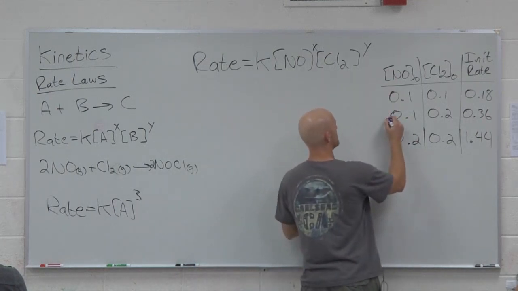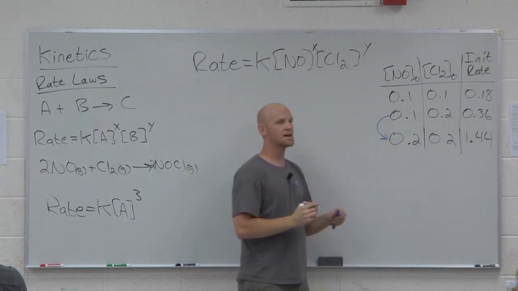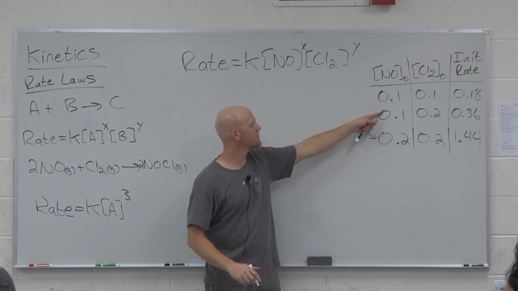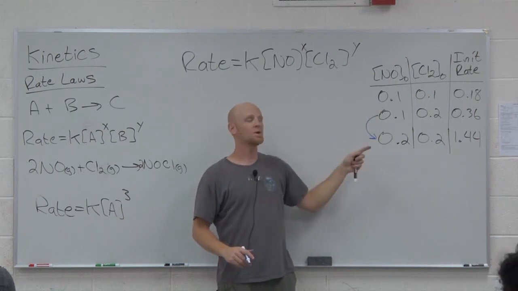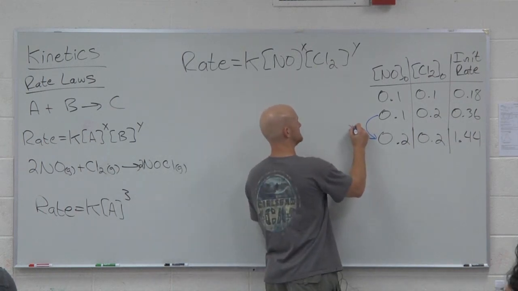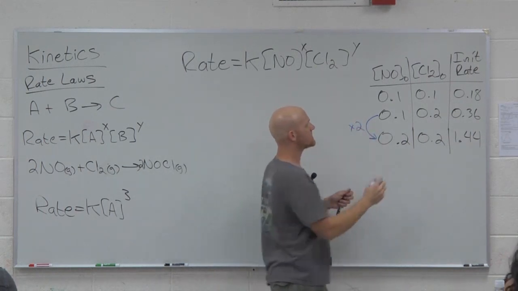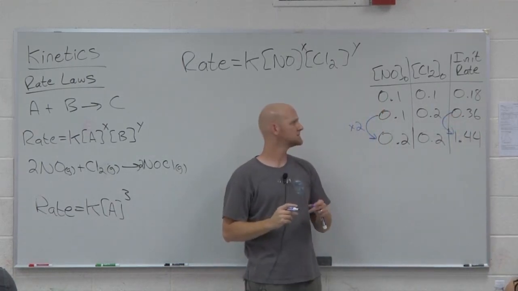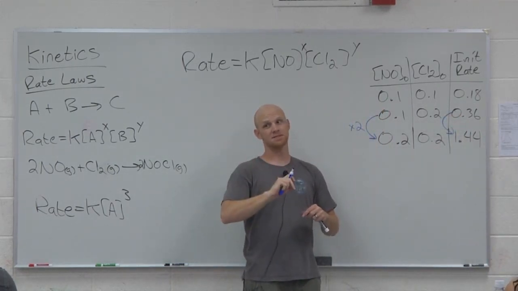So yeah, let's compare the second and the third. The concentration of Cl2 didn't change at all. Only the concentration of NO changed. What did we actually do to this concentration? It doubled. So during that same period of time, what did the rate do? Not 8 times.